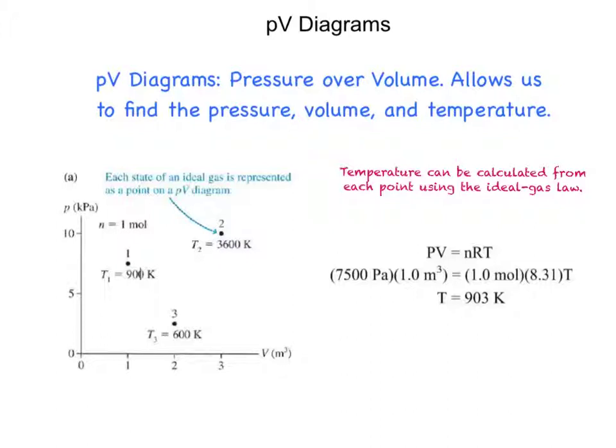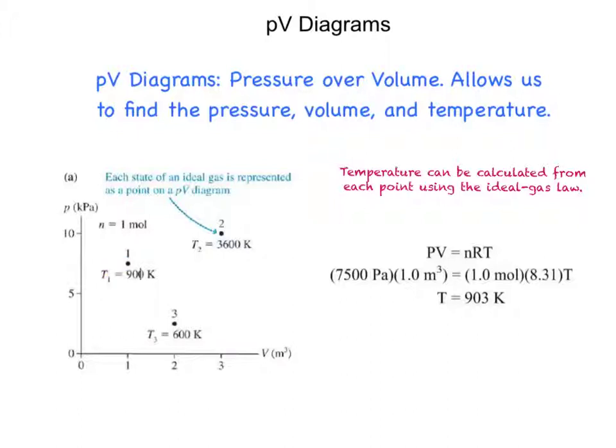For example, this figure here is a PV diagram showing three states of a system consisting of 1 mole of a gas. The values of pressure and volume can be read from the axes. Then the temperature at each point can be calculated from the ideal gas law. Let's take a look at point 1 here.